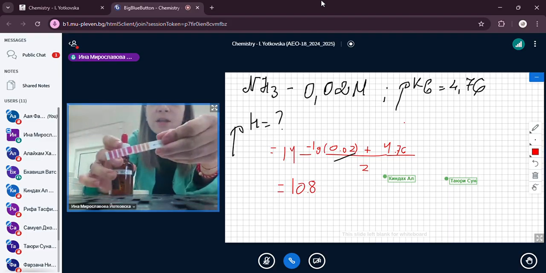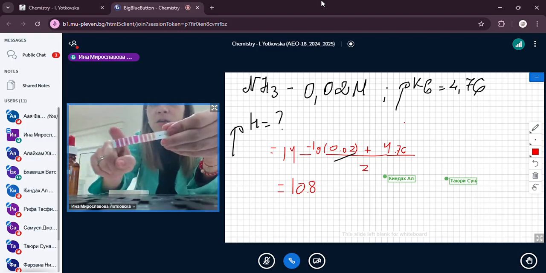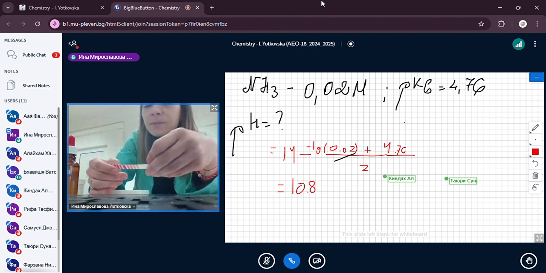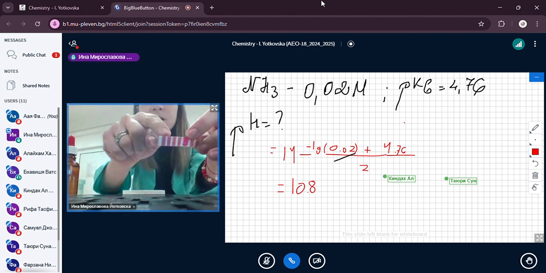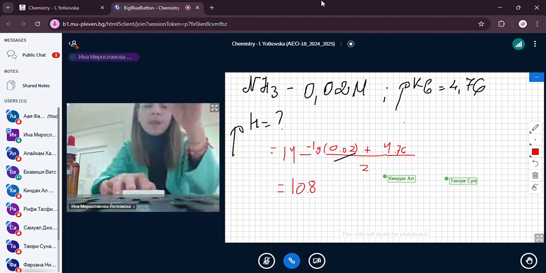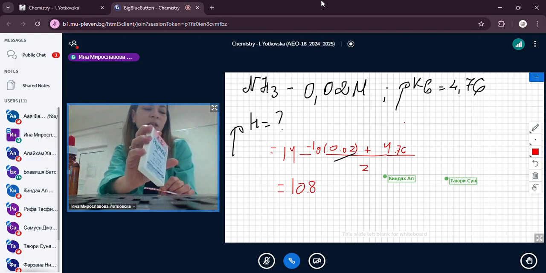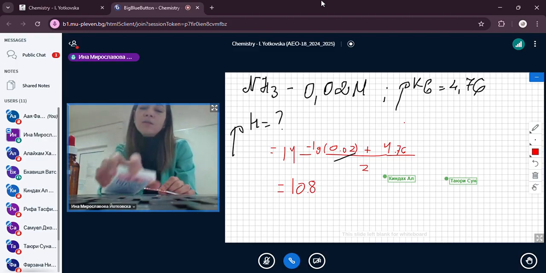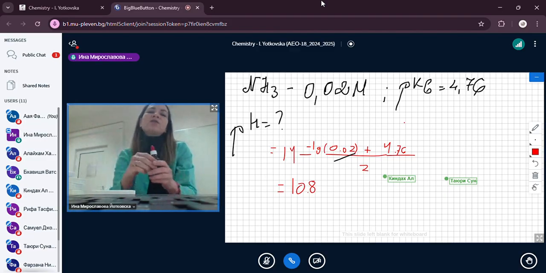You can see it immediately changes its color, and now I check it against the colors above and below that area. Here again it looks absolutely the same as pH 1. According to the precise indicator and the universal litmus indicator, for the solution of hydrochloric acid with 0.1 normality, we obtain pH 1.